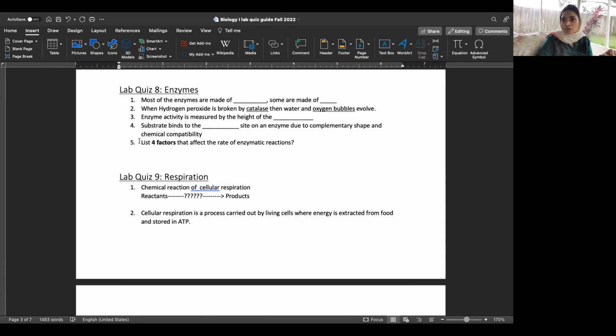Quickly raise your hand, one of you. A virtual hand, not a physical hand, a virtual hand down there. Give me the 4 factors that affect the rate of an enzymatic reaction. Raise a virtual hand down there. I can't see if you're raising only a physical hand. Yes, Brittany.